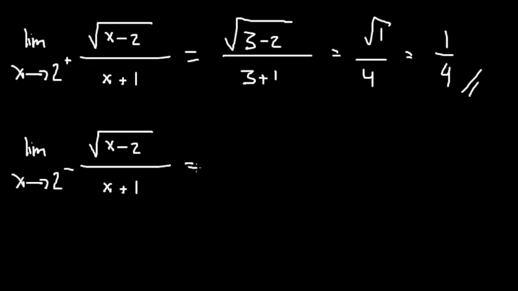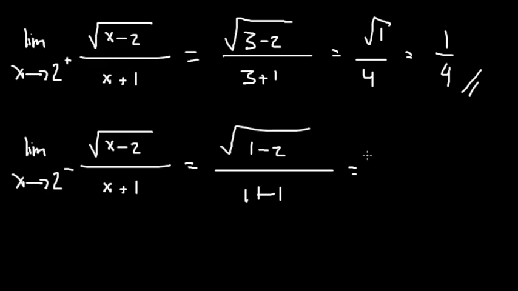Let us think of a value that is less than 2, because it is to the left. Let us use 1 as an example. So it's going to be the square root of 1 minus 2 over 1 plus 1, so 1 minus 2 will be the square root of negative 1 over 2.